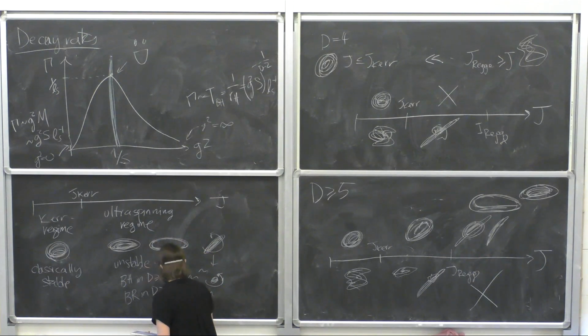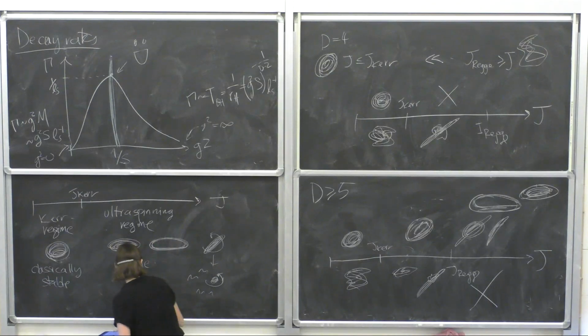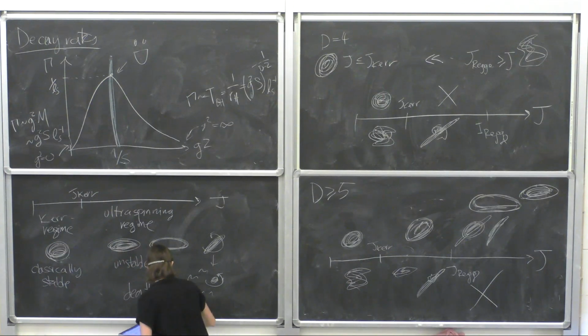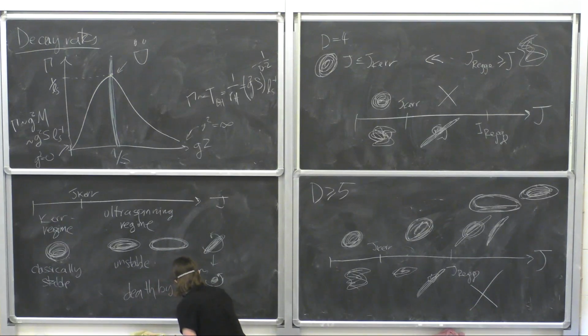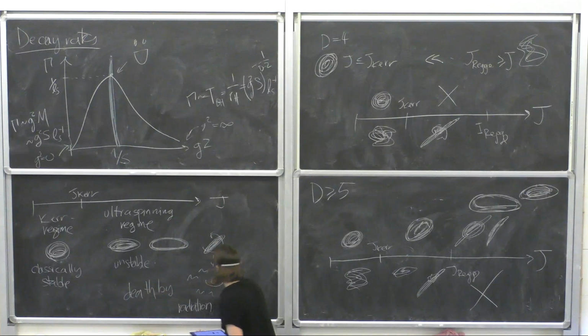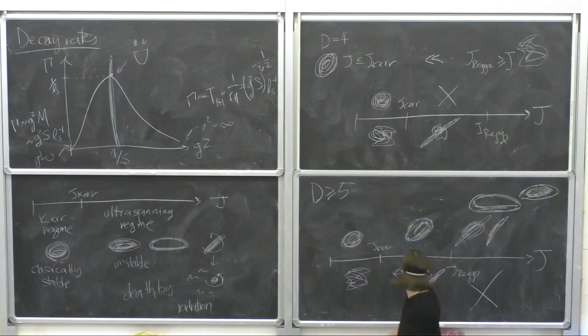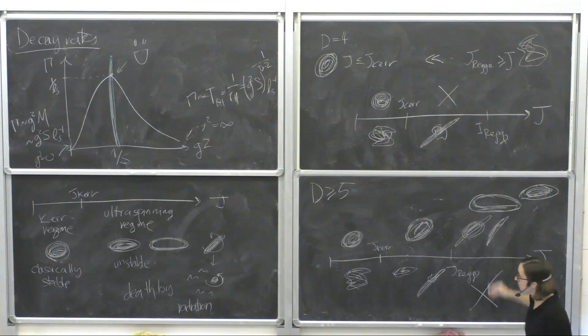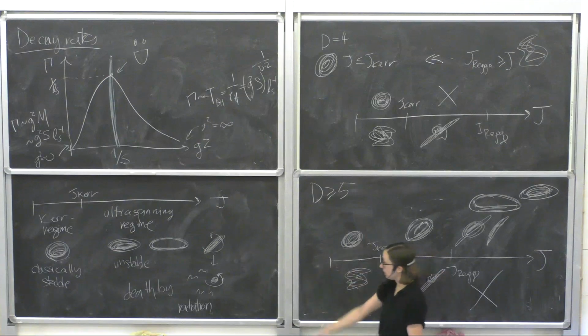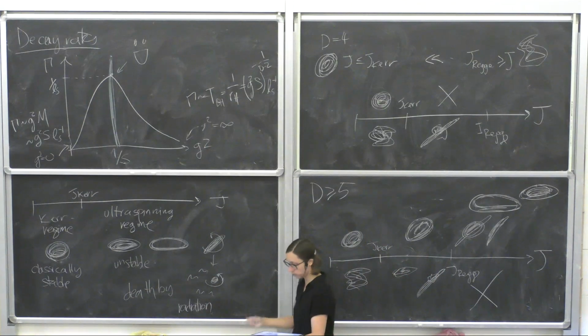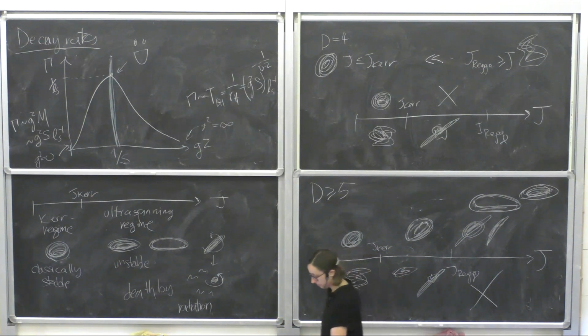So you can call this death by radiation. Okay? So these objects are unstable. They can exist here, but they will emit their angular momentum by radiating.